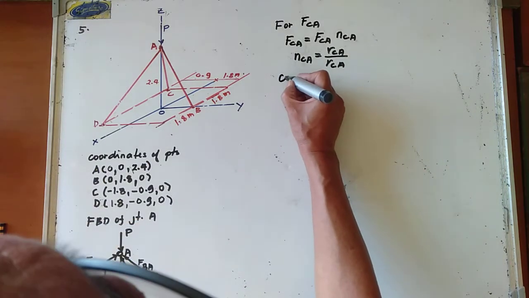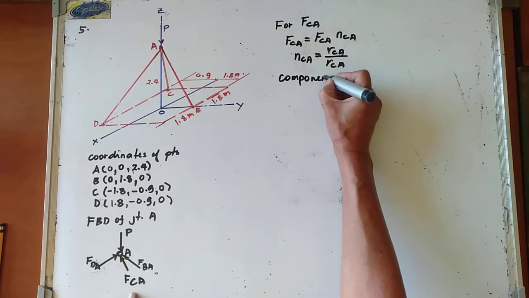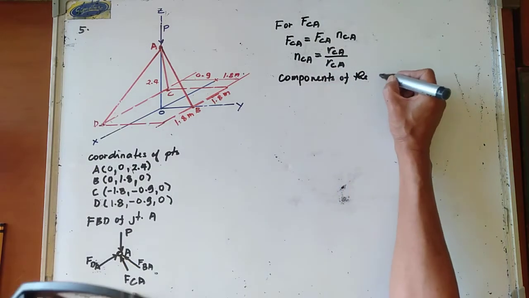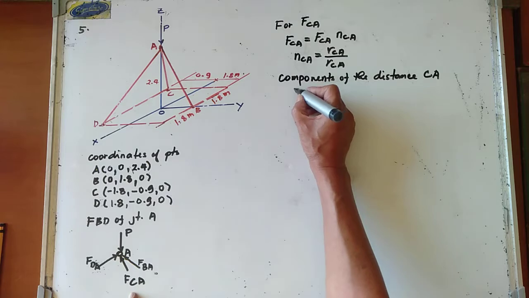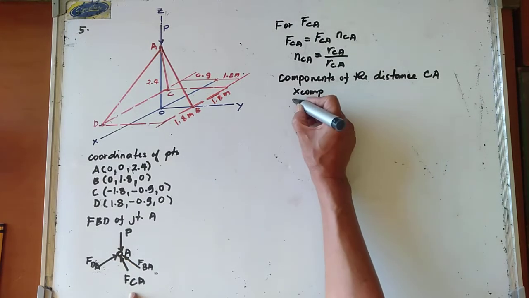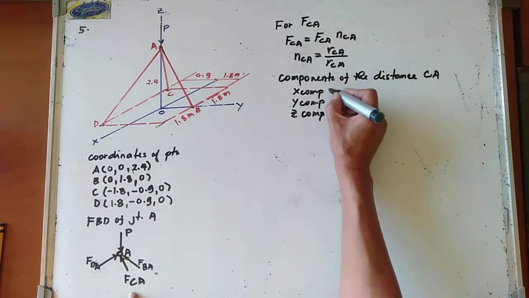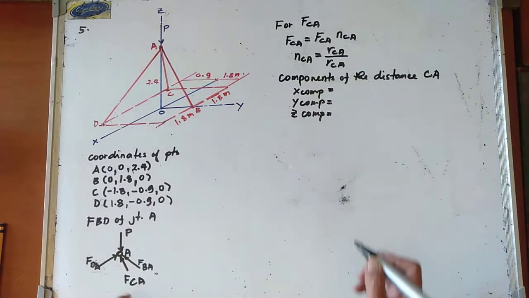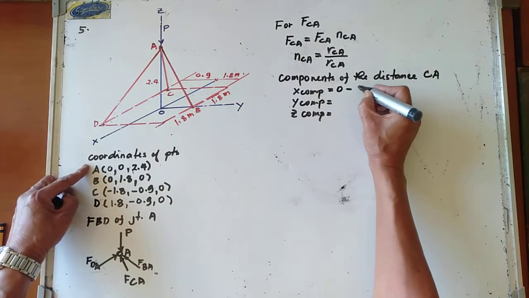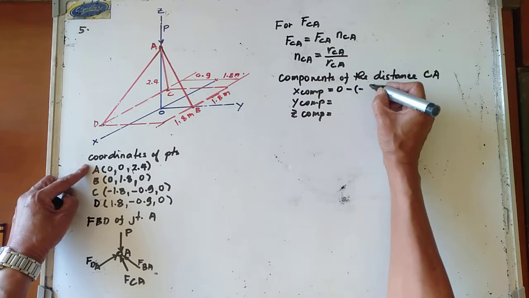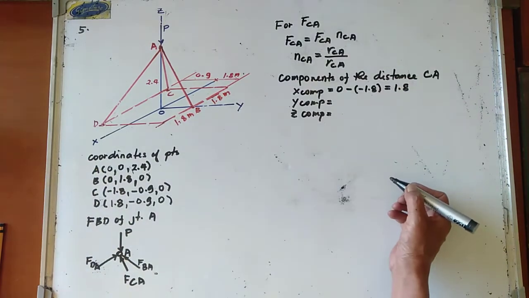Let us determine the components of the distance CA: the x, y, and z components. It is directed from C to A, so we have A minus C. That is 0 minus negative 1.8, which is positive 1.8.